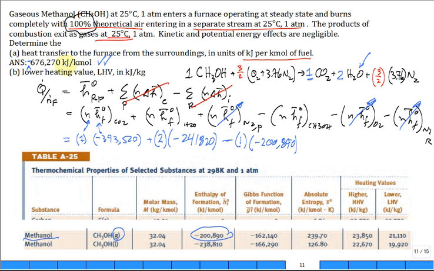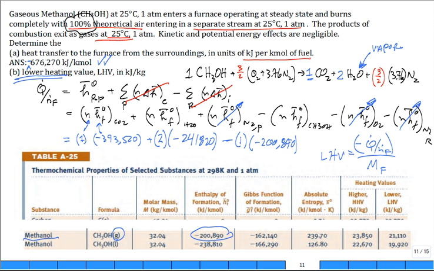Now the next question is, what is the lower heating value? Well, that's with the water going out in the vapor state, true. So that's good. Water vapor is going out in the vapor state. The lower heating value will be the Q dot divided by N dot F, make it a positive number, and divide by the molar mass of the fuel.